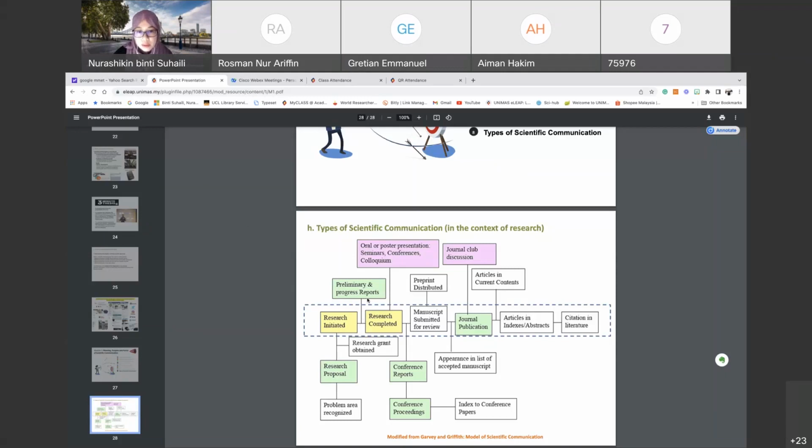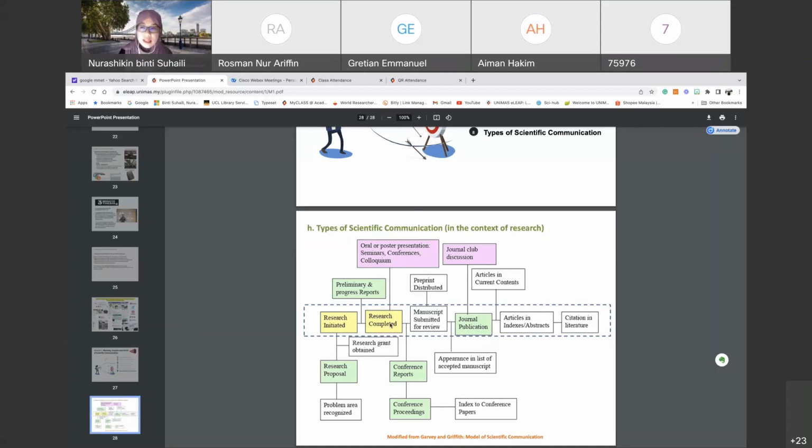So a progress report exists in the middle of the research. Once the research is completed, once you have done your FYP2, for example, and you have good results, then you have to write a report, an FYP2 report or a thesis. Apart from the thesis, you can also present your results in a poster.